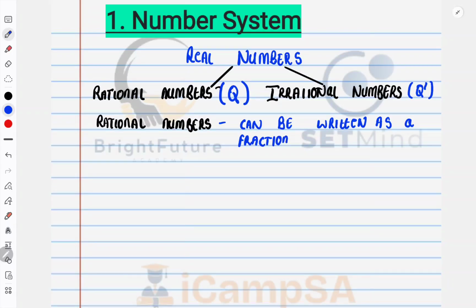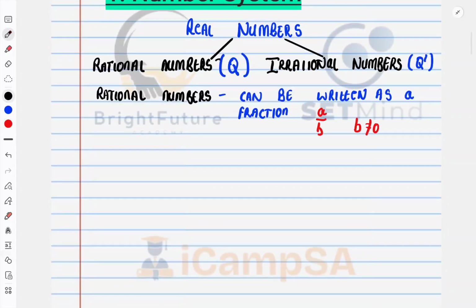That is to say, rational numbers can be written as a over b. Even the word itself means a ratio, and anything that's a ratio can be written as a fraction. Another very important thing to note is that b can never be equal to 0, because that will render this fraction undefined.